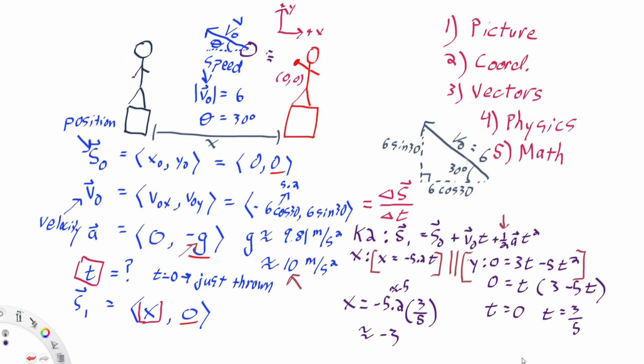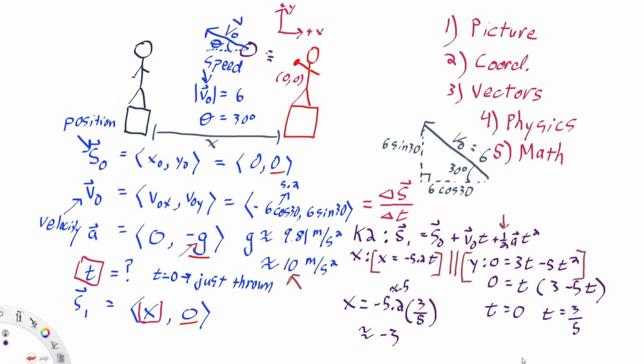I know that we got t from y, but how would we calculate the y in that situation? So the y we actually knew ahead of time, because we assumed that our two ball players were of equal heights. So our friend in gray was going to catch the ball at the same height that our friend in red threw the ball.